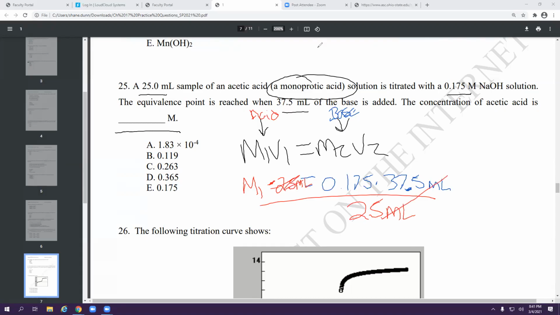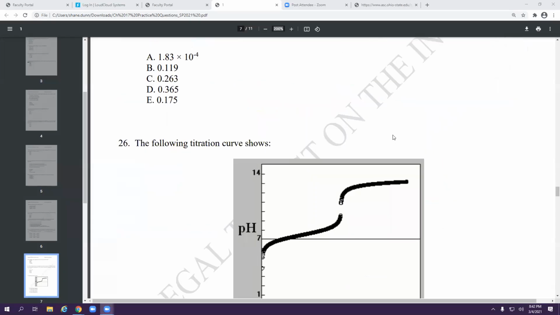Cancel milliliters out. So M1 is equal to 0.175 times 37.5 divided by 25. What's the answer? That's what that is. You only do M1V1 because it's a monoprotic acid and you weren't given the second concentration.